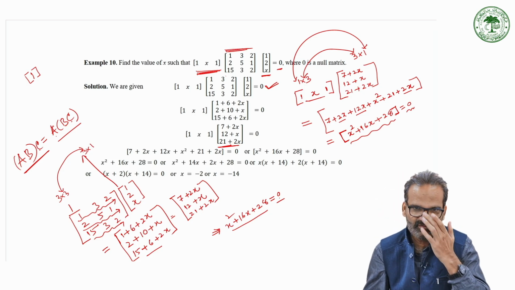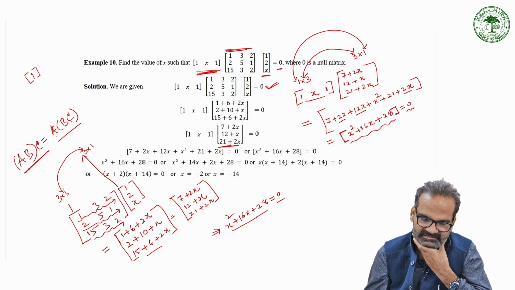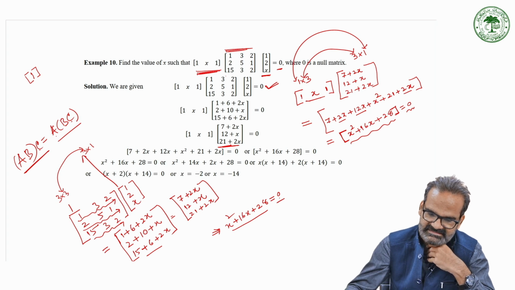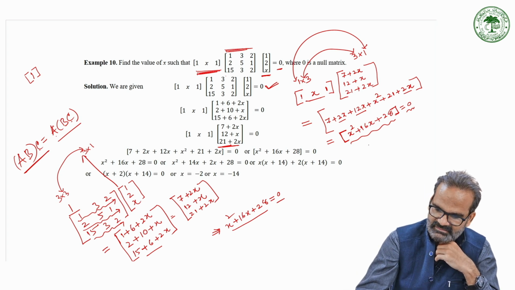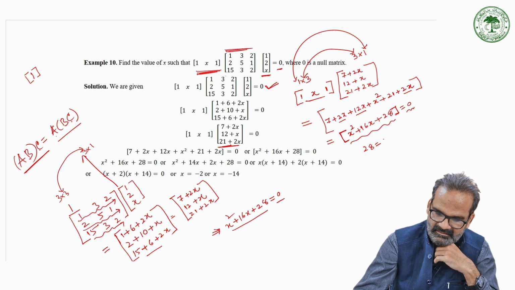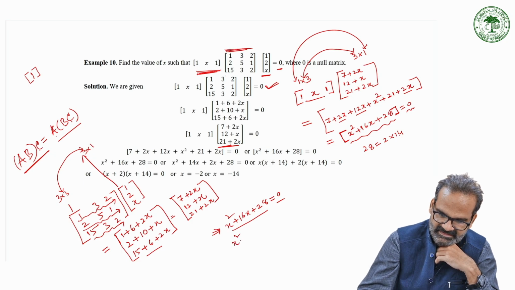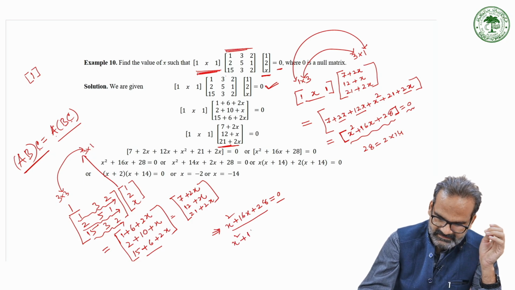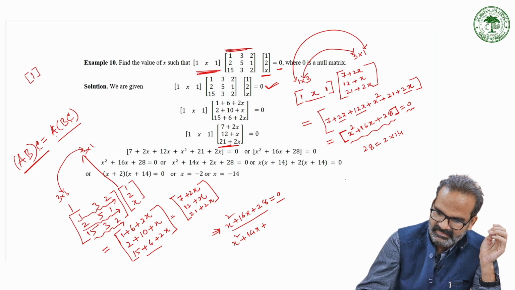This is a quadratic equation. So find out the two factors of 28 whose sum is 16. So 28 means 2 into 14 is 28, and 14 plus 2 is 16. Yes, this can be written as x square plus 14x plus 2x plus 28 is equals to 0.